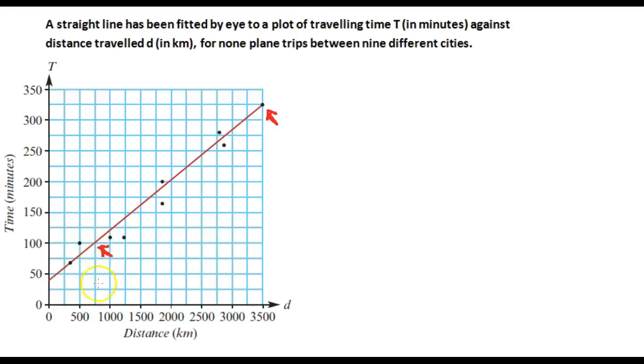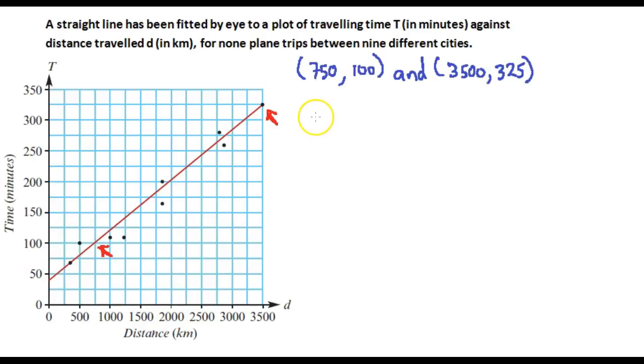So this point is halfway between 500 and 1000, which is 750. That comes first. And our T point is 100 minutes. And our second point is 3,500 kilometers. And halfway between 300 and 350 is 325 minutes travel.